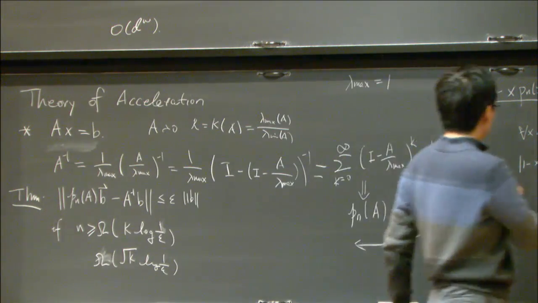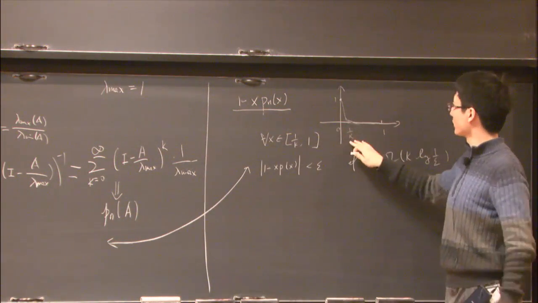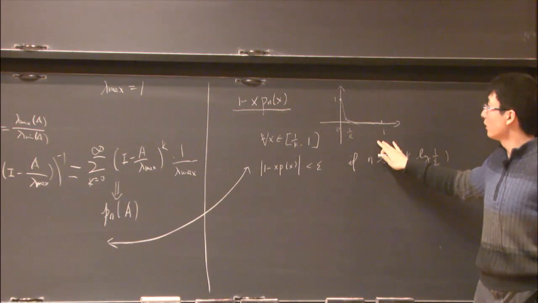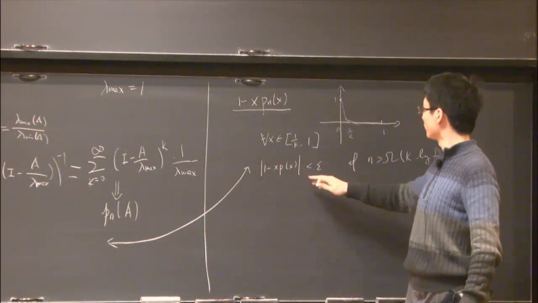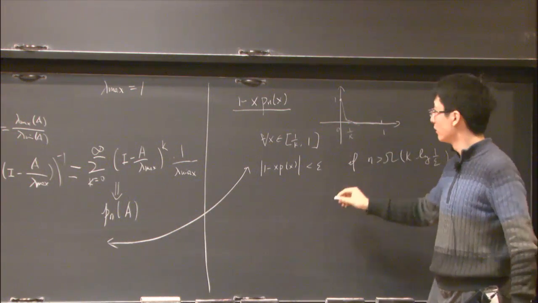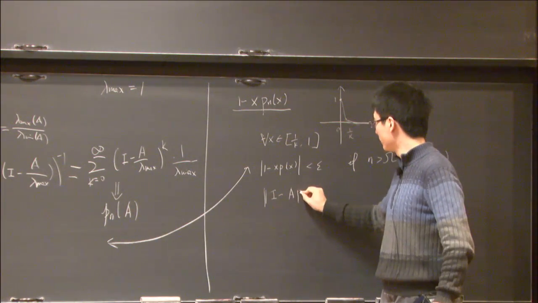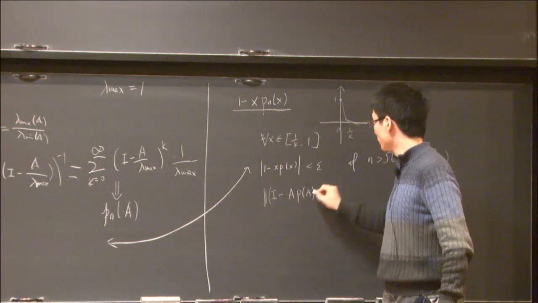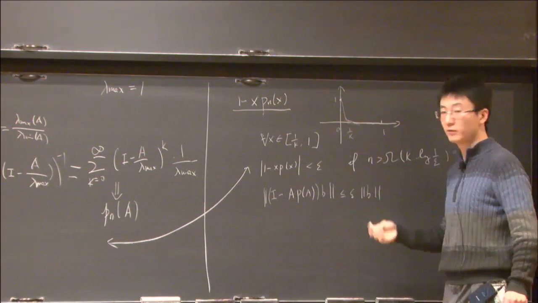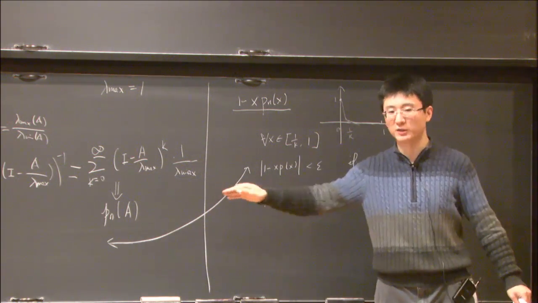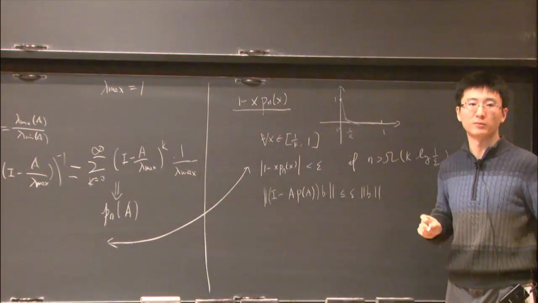Roughly, if we have a matrix whose eigenvalues are always between 1 over kappa and 1, then we could really kill all of the eigenvalues in this range. That in particular means that identity minus APA, when multiplied to a vector b, is less than or equal to epsilon times b. So this is one particular way to prove that. But of course, now we need to prove this property about the polynomial.